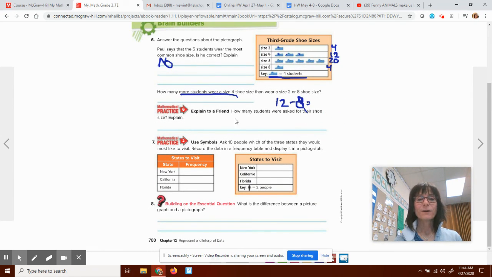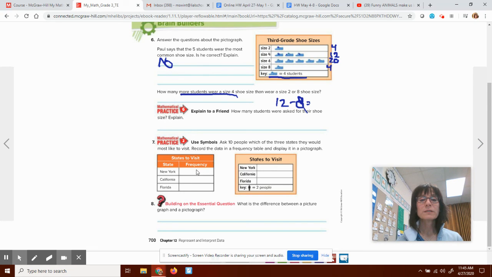On the last part here, it says how many students were asked. Again, we need to count how many shoes and multiply it by 4. Down below, it says ask 10 people which of the 3 states they would like to visit. If I needed to do this, you could make this up.